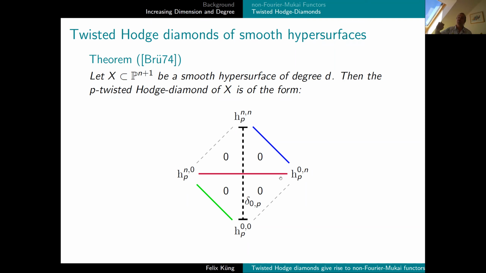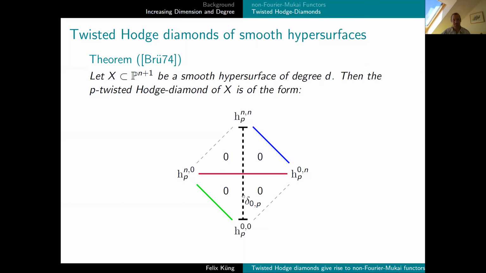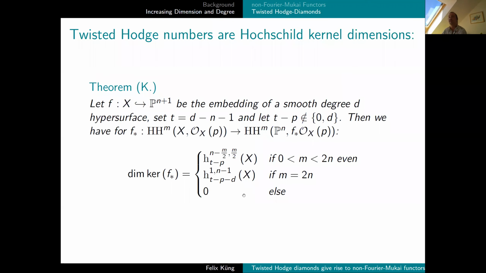Now, if you compute this, it actually turns out that the red middle part disappears for the projective space, which kind of means that this red middle part can't come from a pullback from the projective space. So this should be the kernels of the push forward in Hochschild cohomology. And you can actually prove that, and that is what I did.